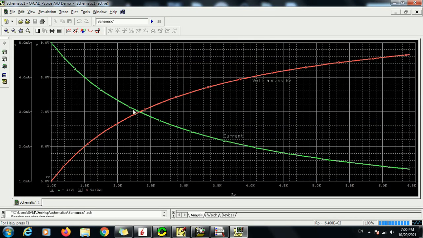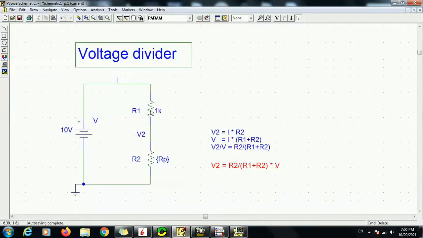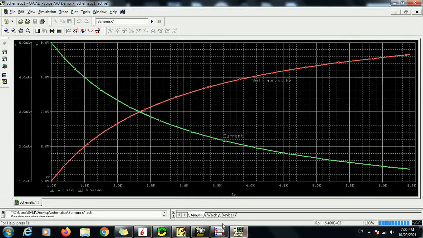And again, the limits would be also if this resistor R2 is just 0 kilo ohm, then the current passing in this circuit will be just the value of this voltage divided by this R1, so 10 divided by 1 kilo ohm, which will give us the value of 10 milliamps.